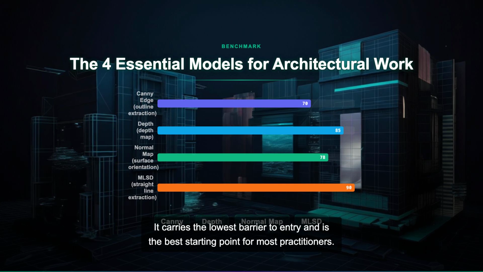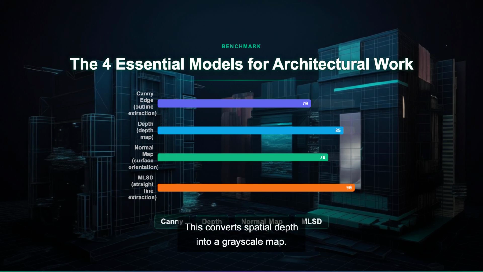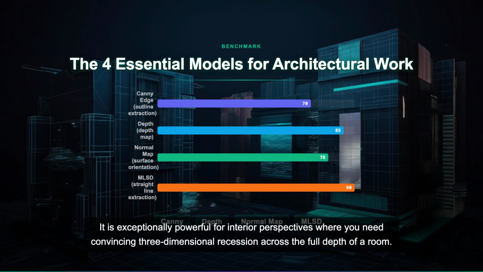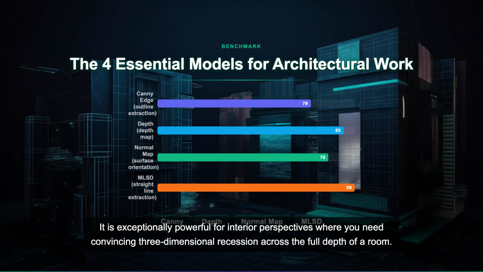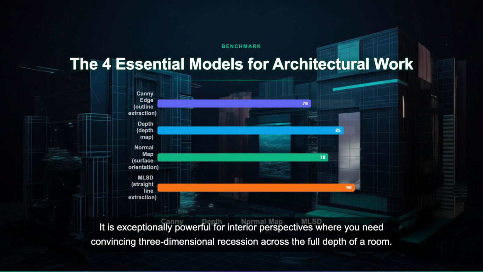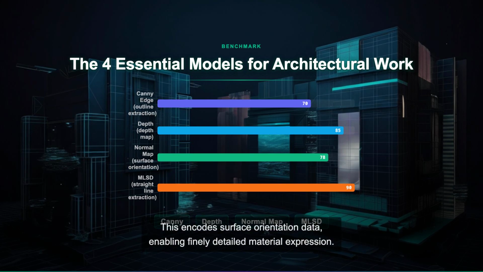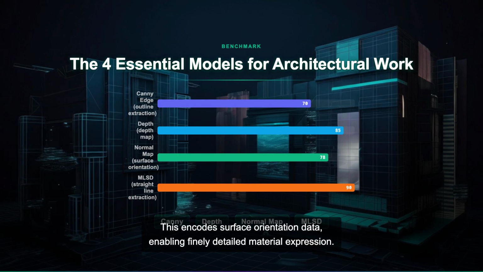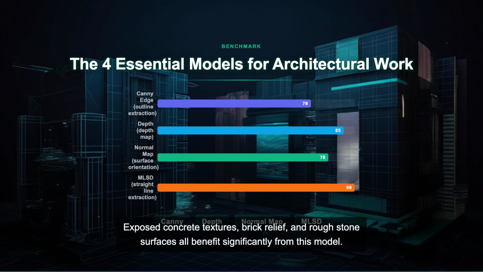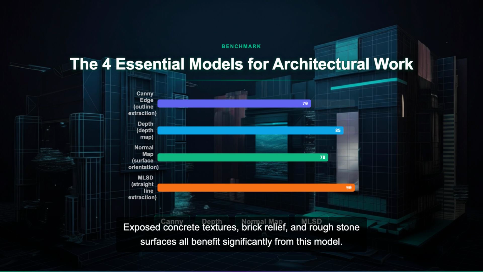Second, depth. This converts spatial depth into a grayscale map. It is exceptionally powerful for interior perspectives, where you need convincing 3-dimensional recession across the full depth of a room. Third, normal map. This encodes surface orientation data, enabling finely detailed material expression, exposed concrete textures, brick relief, and rough stone surfaces.